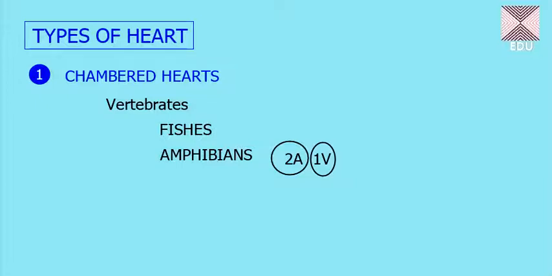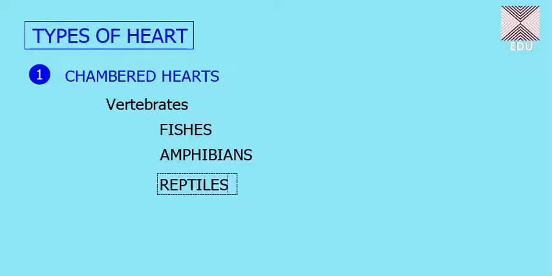Now students, if I go further from the amphibians, now we have the reptiles. And if we talk about reptiles, what we have is the establishment of a low pressure respiratory blood shunt and the consequent high systemic pressure aided the reptiles to withstand the rigors of terrestrial life.